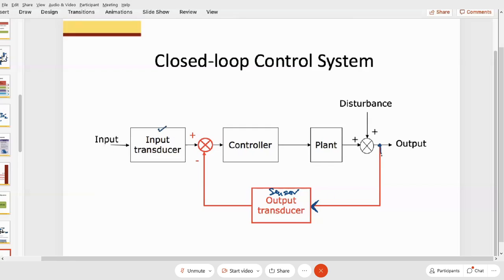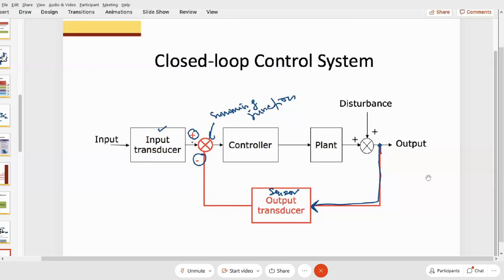So for the closed loop system, we measure the output, the current, actual output of the system, and then compare it with the set point. The plus and minus here is what we call the summing junction. The summing junction compares the input with the output.